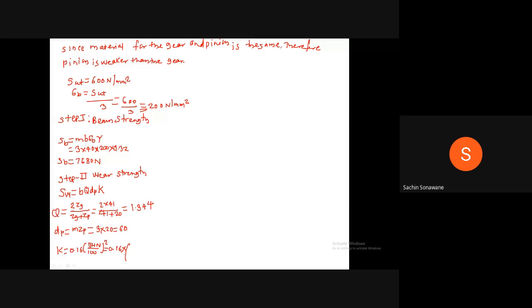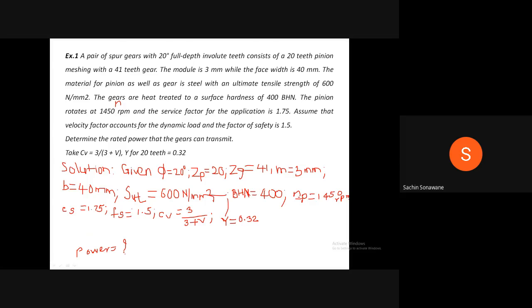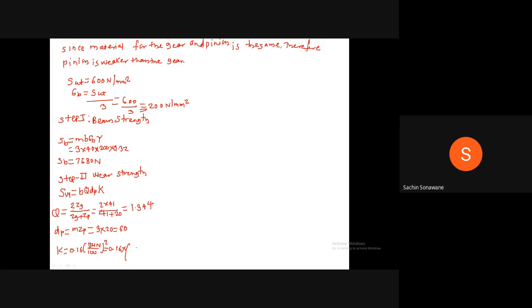What is the value of BHN? BHN is equal to, I think, 400. Substitute here 400 divided by 100, squared. What is the value of k? Make it fast. 2.56. Yes, 2.56.